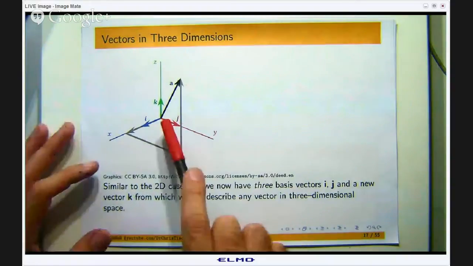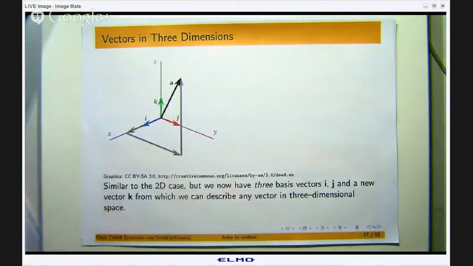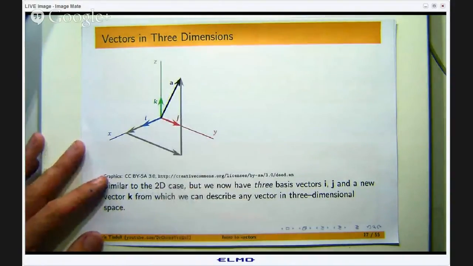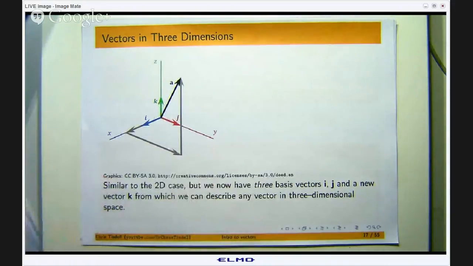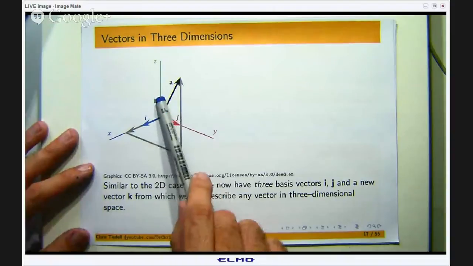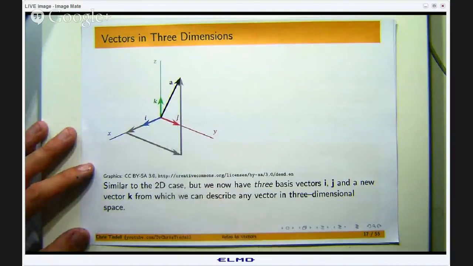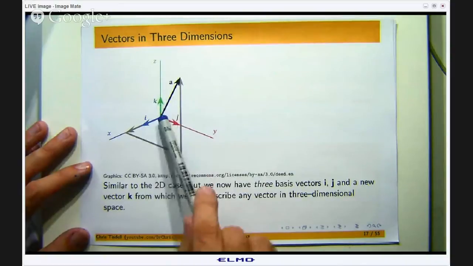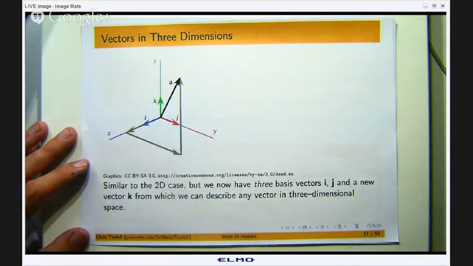Now, if we add another axis to the setting, a z-axis, then it would make sense to have another basis vector. So we have a vector k, which points along the positive z-axis, has length 1, just like the other 2 basis vectors, and is perpendicular to the other 2 vectors.